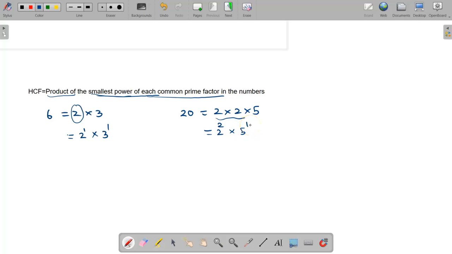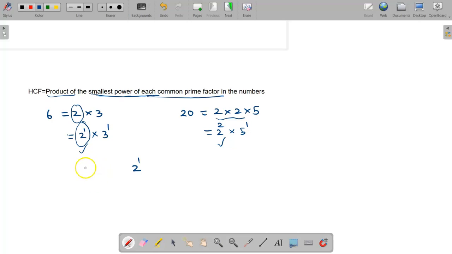We have to find the product of the smallest power of each common prime factor. Here it is 1, here it is 2; 1 is the smallest power. So I have to take only 2 power 1. I don't have any other common number, so just leave that.